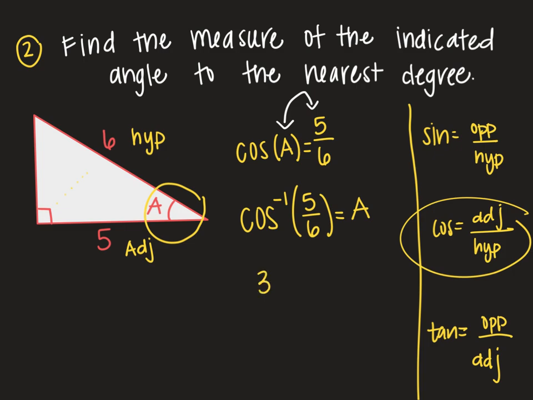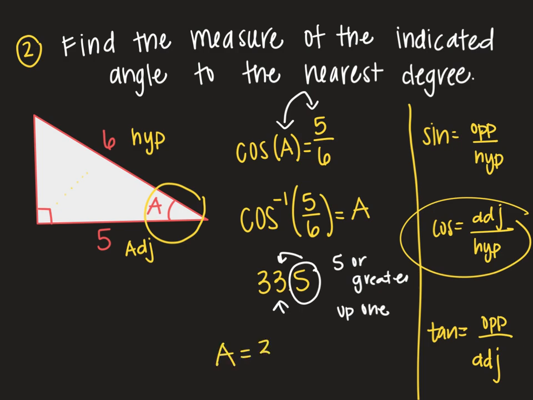So I know that 33.5 equals A. We want it to the nearest degree, so I'm going to look at this number here. This is 5 or greater, which means that this number is going to go up 1. So 33 becomes 34. So the measure of angle A is going to be 34 degrees.